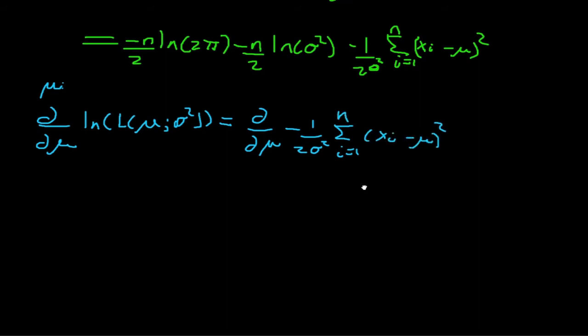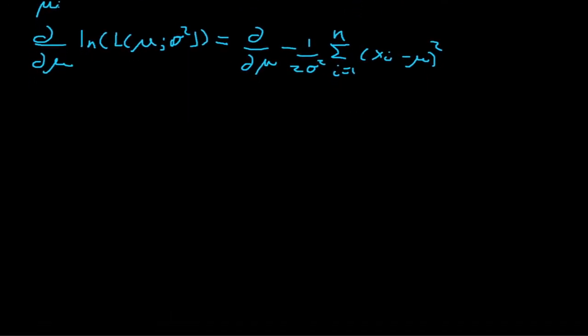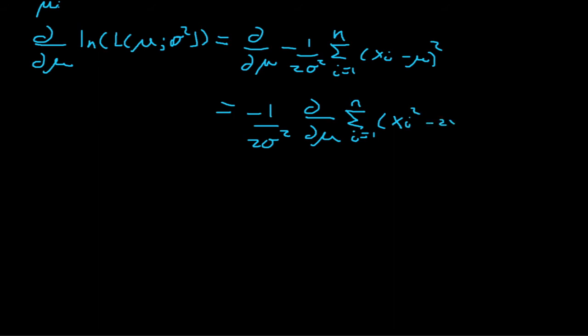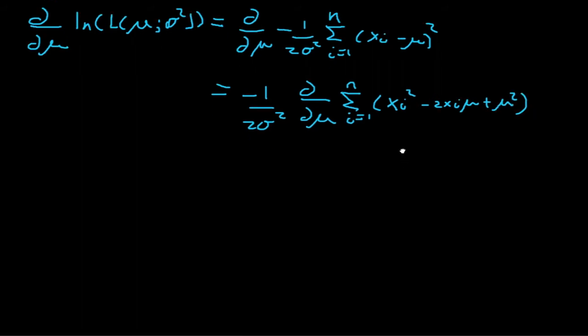So we will only be left with this term, and this will give us this, and then we will just take this term right here in front because it is also not dependent on mu. And then we will just write out these brackets right here, and that will give us xi squared minus 2 xi times mu, and of course this will be a plus mu squared.